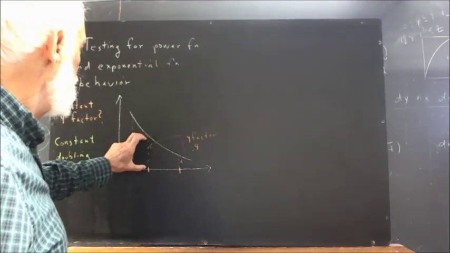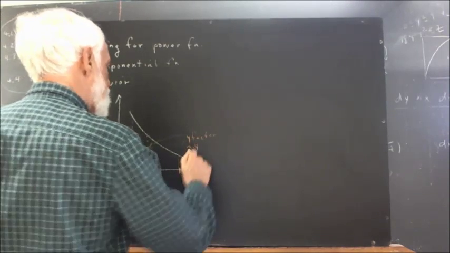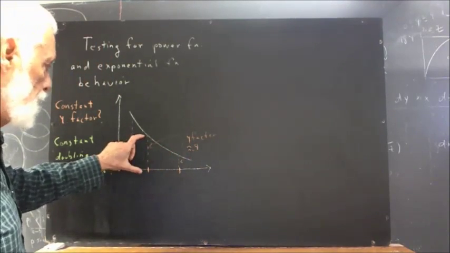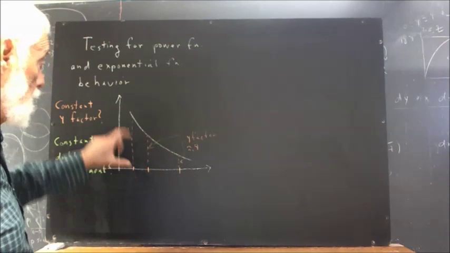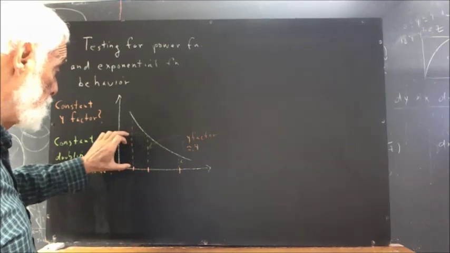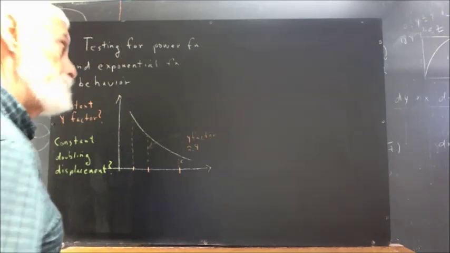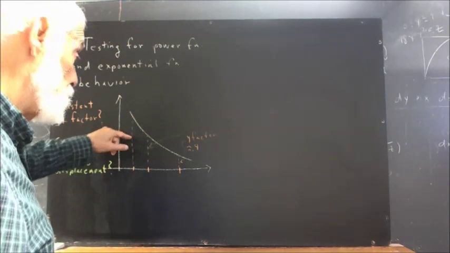Between here and here, the y factor is clearly less than half as we go from here to here. And it's very clearly more than half as we go from here to here, because this is considerably more than half of this. It looks like maybe 2/3.